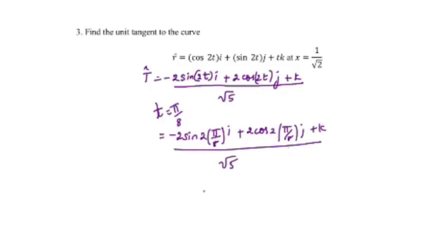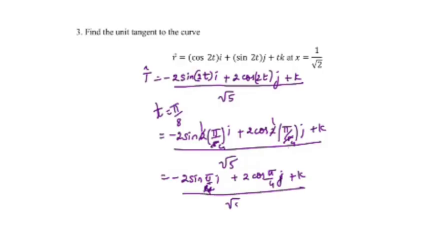So this will be 2 one time, 2 four times, here also 2 one time, 2 four times. So we get minus 2 sin pi by 4 into i plus 2 cos pi by 4 into j plus k, divided by root 5.